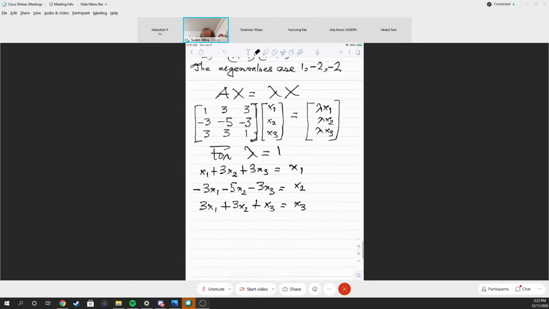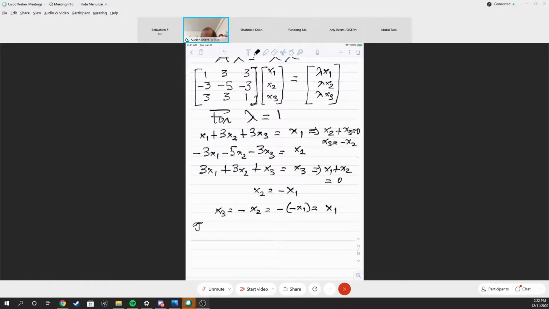Okay, so what do you get from here? From here you get x1 plus x2 is 0. So x2 is equal to minus x1. And from here you get x2 plus x3 is 0. So x3 is minus x2, that is minus of minus x1, so that is x1. Wonderful.